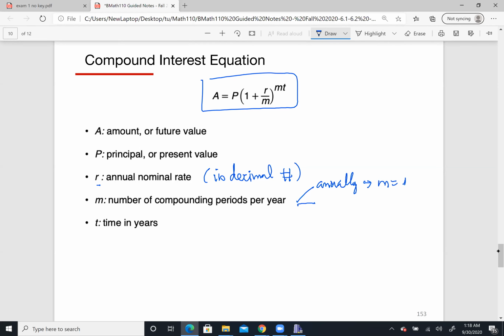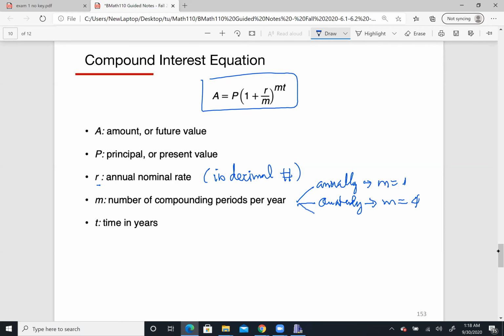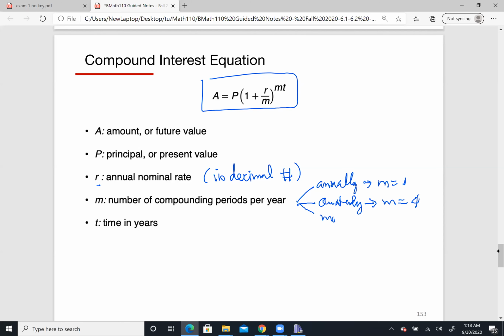If I say quarterly, then m becomes 4. If it's monthly, then in a year it compounds 12 times, so m equals 12.